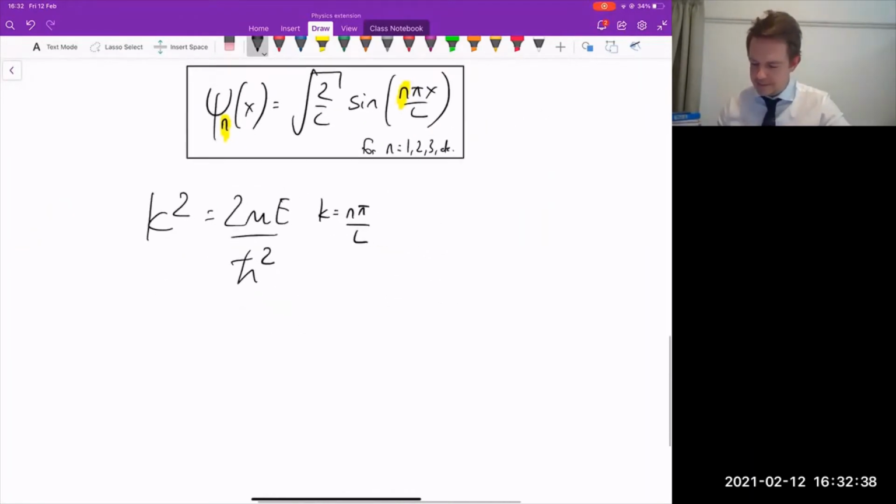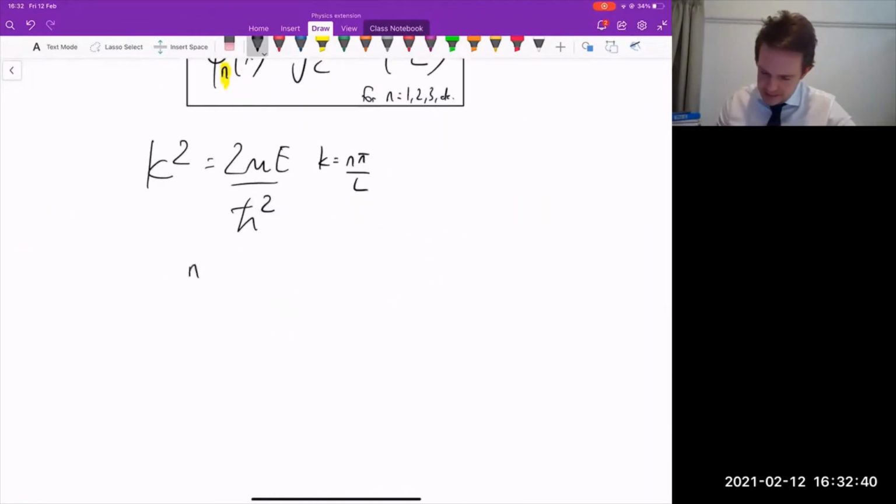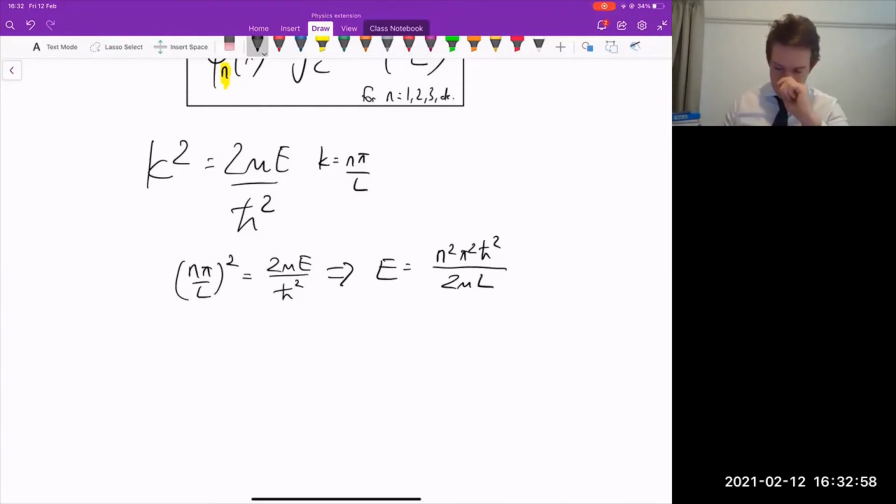N pi over L squared equals 2me divided by h bar squared, which rearranges to E equals n squared pi squared h bar squared over 2mL squared.